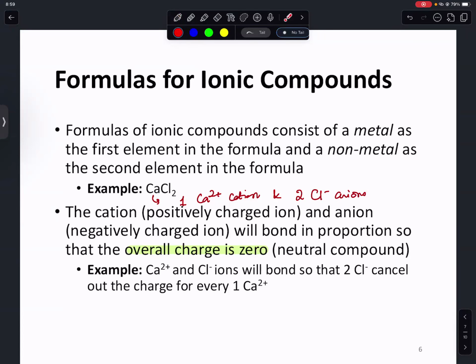Because you have a 2 plus charge on the calcium cation, you have to include 2 of the chloride anions, which have a 1 minus charge, to neutralize the 2 plus, forming a neutral compound. I hope that makes sense.